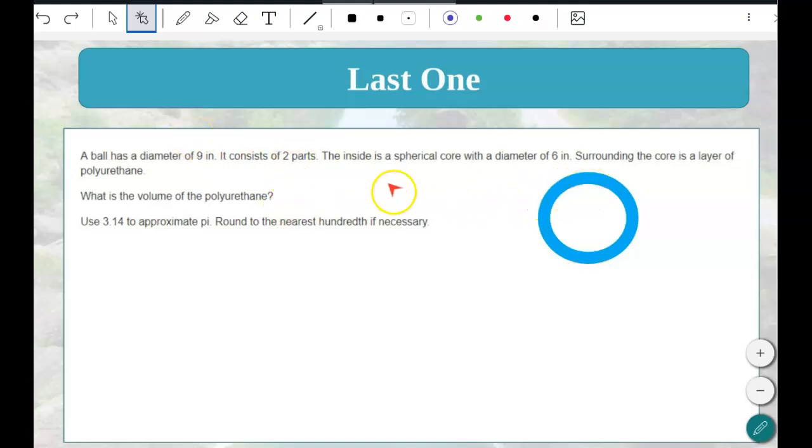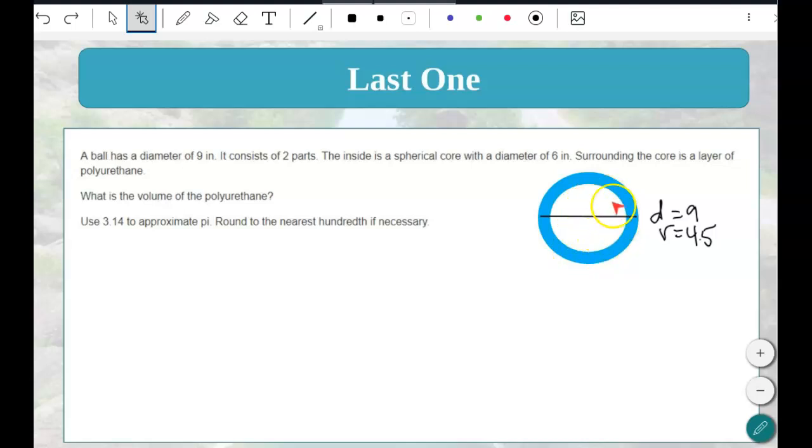So let's do some labeling first. The ball itself has a diameter of 9, so that's all the way across from end to end. Well, our formula needs radius, so it's half of it. Then it says the inside is a spherical core.